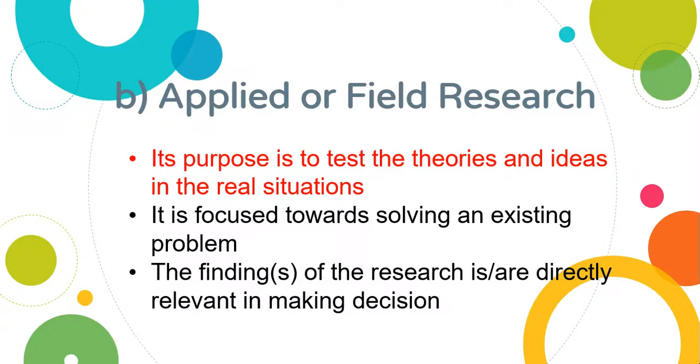In applied research, the purpose is to test the theories and ideas in the real situation. This applied research might be similar to action research, but it is not as specific as action research. Applied research normally is relevant to solving a problem and making decisions, related to your real life problem.